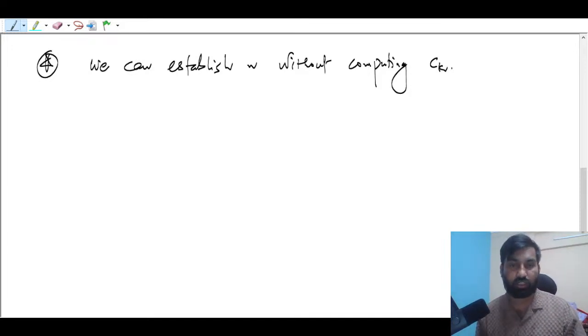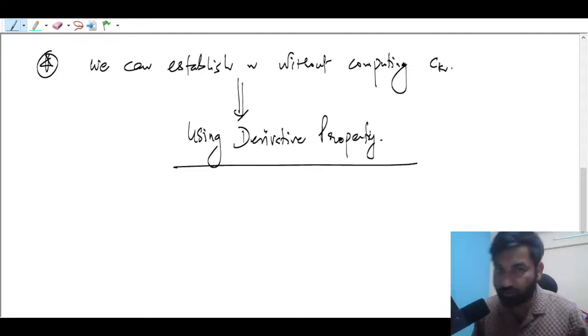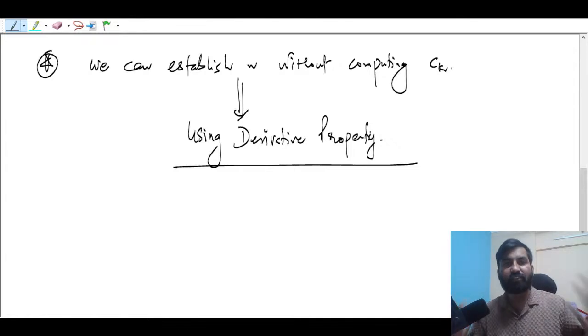We can use the differentiation property, or derivative property, of the Fourier series. When we differentiate our time domain function, or any periodic signal, what we might get at the end of the day is an impulse.